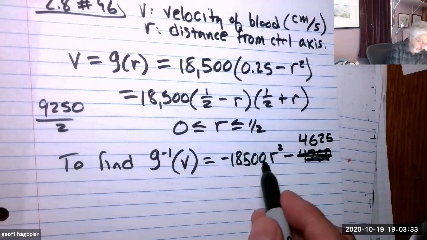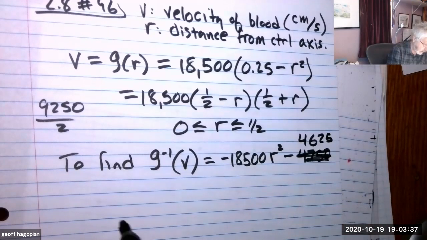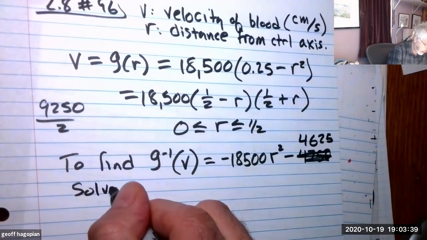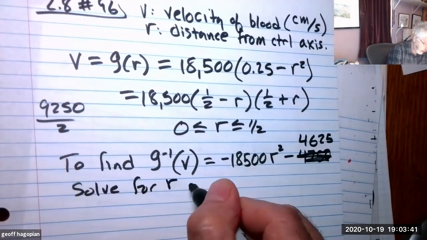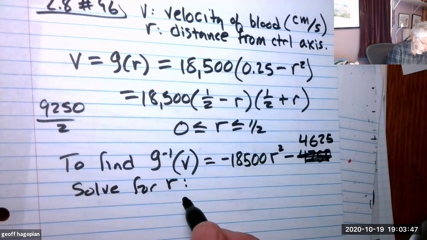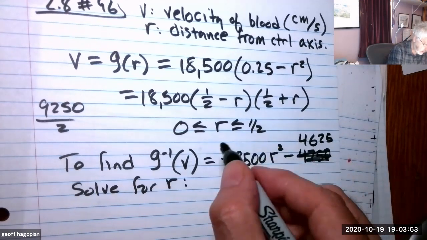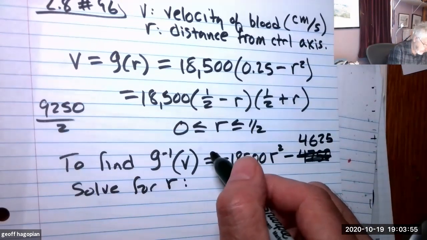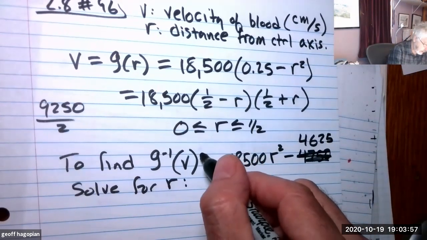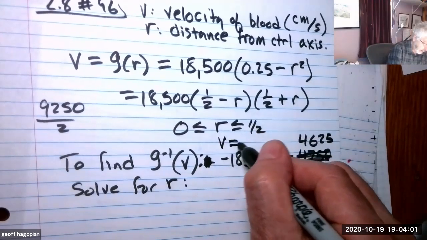But this is in vertex form, right? So we want to solve for R, and since it's in vertex form, that'll be pretty easy, right? Sorry, I wrote this badly. V equals this thing.